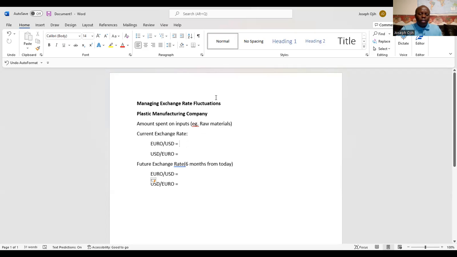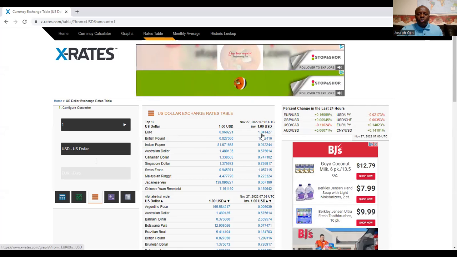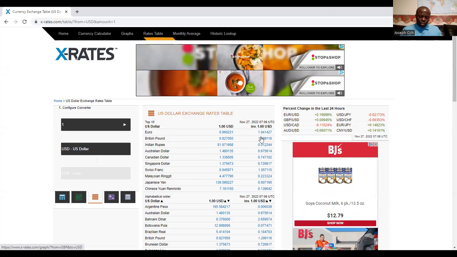Let's say that today, what is the exchange rate in Europe? I'm going to use the real value exchange rate for dollar and the euro. So you can see from this spot rate, 1 euro can buy approximately $1.04. So let me write it down.